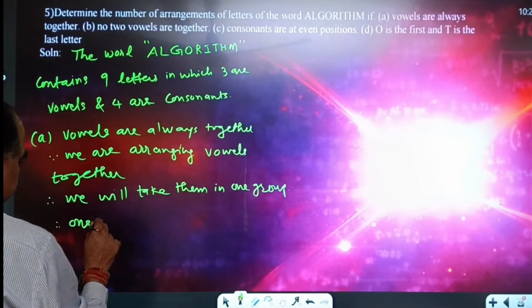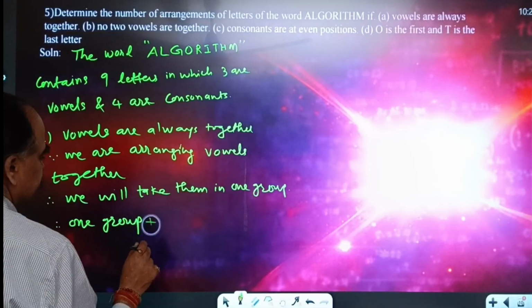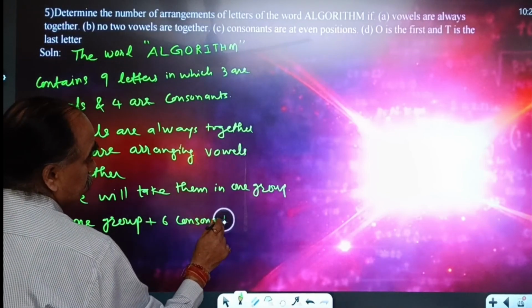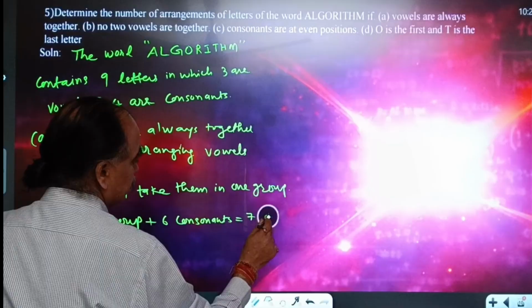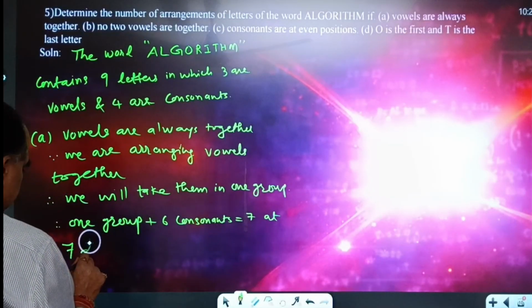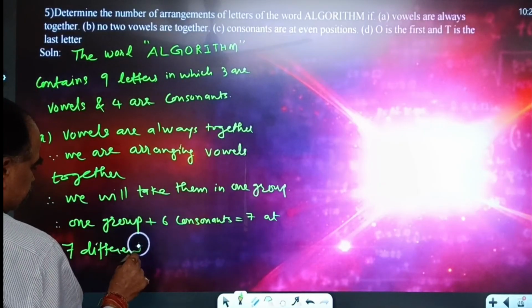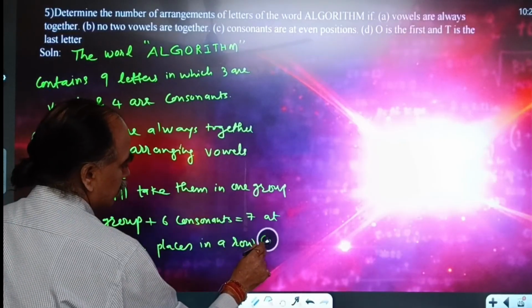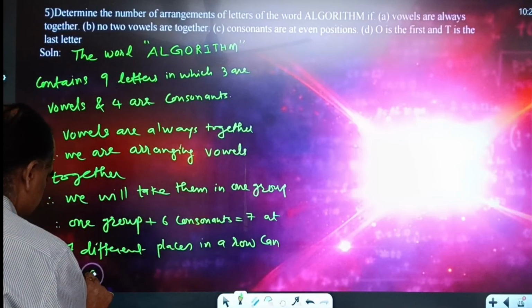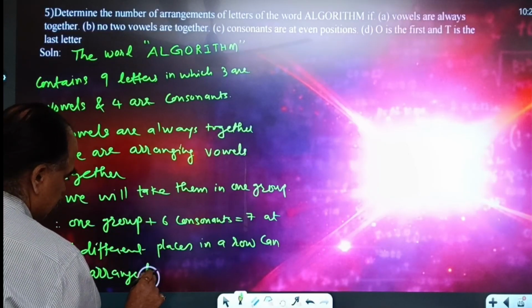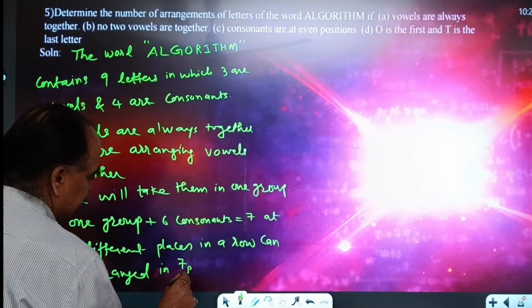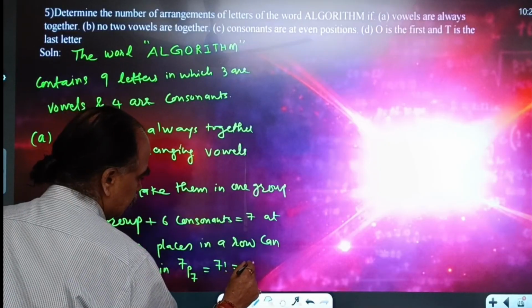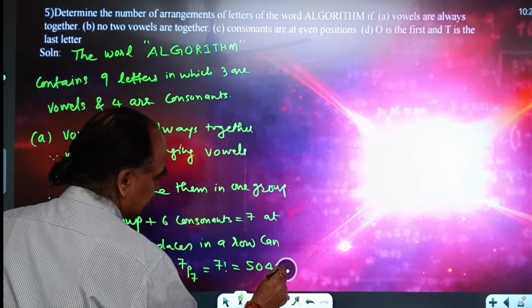So one group plus 6 consonants is equal to 7 different places in a row can be arranged in 7P7, 7 factorial, 5040 ways.